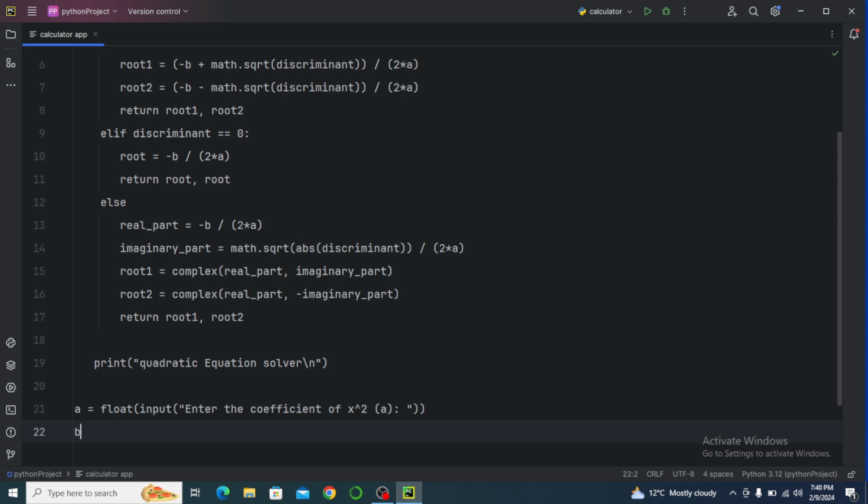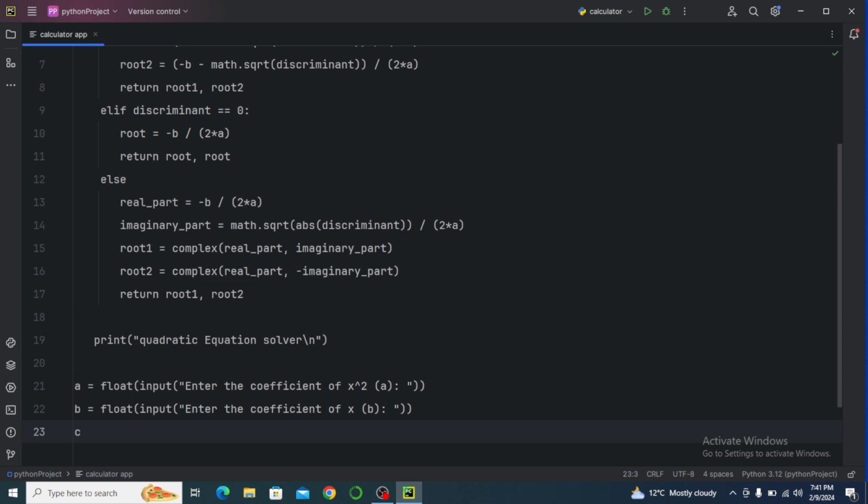We're going to say b equals to, as well, float input, enter the coefficient of x into b, and then we're going to close the bracket as well, and then we're going to say c float input.